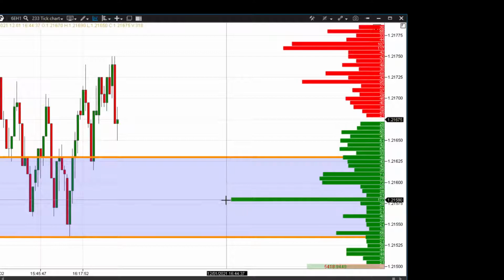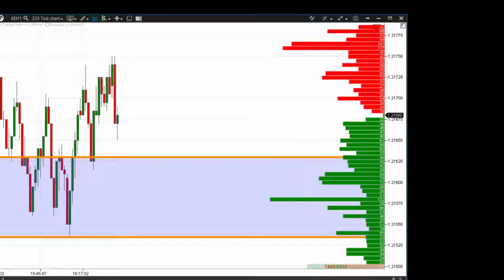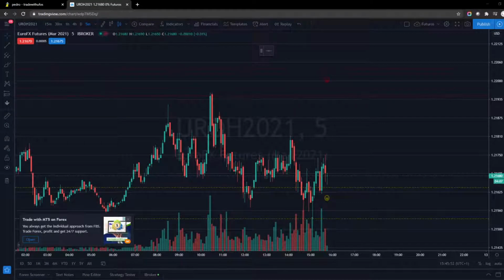At this price, we can compare right now with the UFO. The price with the UFOs is 1.21600, and you can see here the pending orders, 131, are at 1.21580.